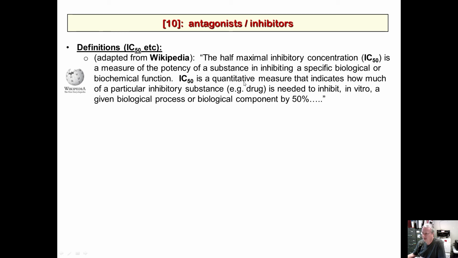IC50 is a quantitative measure that indicates how much of a particular inhibitory substance, like a drug, is needed to inhibit in vitro, but it can also be in a cell-based model, a given biological process or biological component by 50%. So it's not giving you the 100% inhibition, but it's still a good general measure of potency.